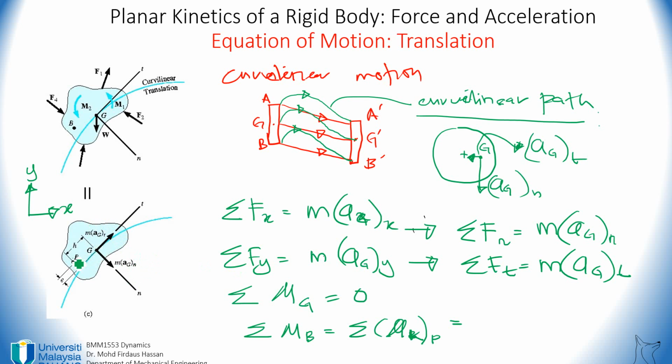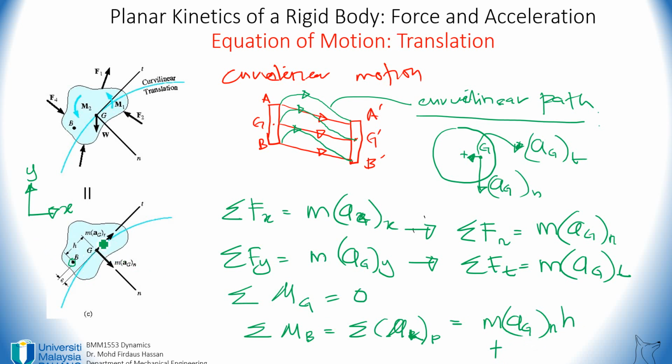The moment of this kinetic element gives you m a_Gn times h. I don't want to discuss the positive or negative yet.